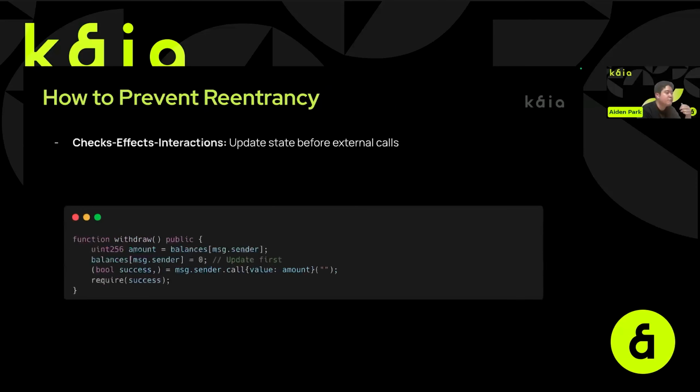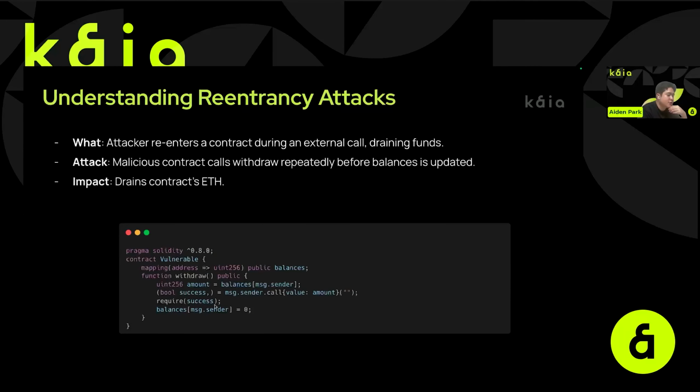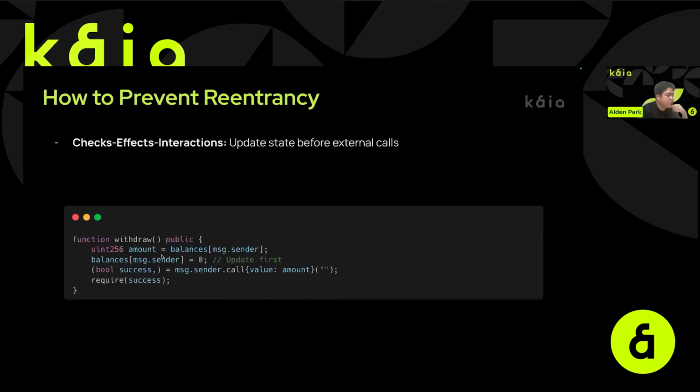So how can we prevent them? Basically, we can use the checks-effects-interactions pattern. It means updating the state before the external calls. In the vulnerable version, we set the balance to zero after the interaction with the external contract. But here, you first set the balance to zero, so you update it first, and then you do the interaction.